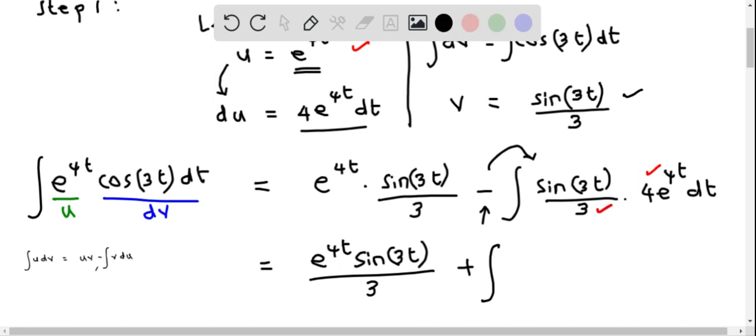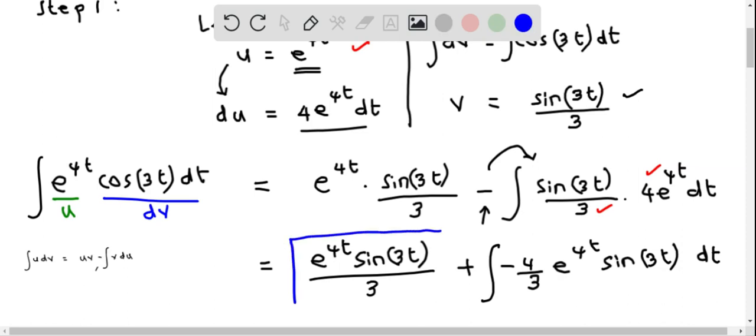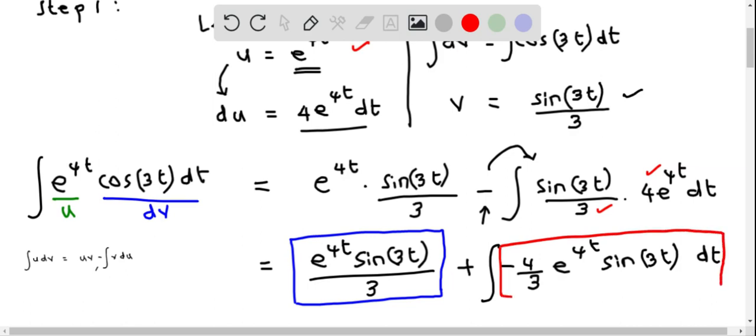So I put it as a negative 4 thirds, and then times e raised to the power of 4t sine of 3t, and then we have this dt. So basically after step 1, this expression goes into the first box, and this is the result. That is, this is basically negative 4 thirds times the integral of e raised to the power of 4t sine 3t dt. So this goes into the second box. That is the result of the integration by parts after step 1.